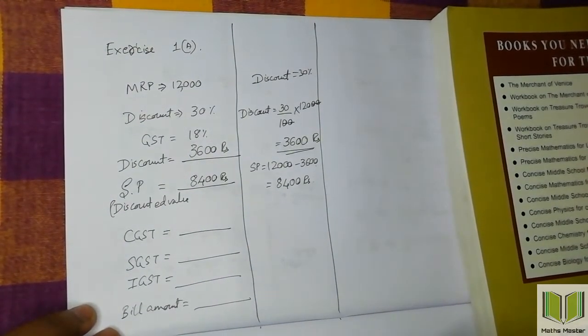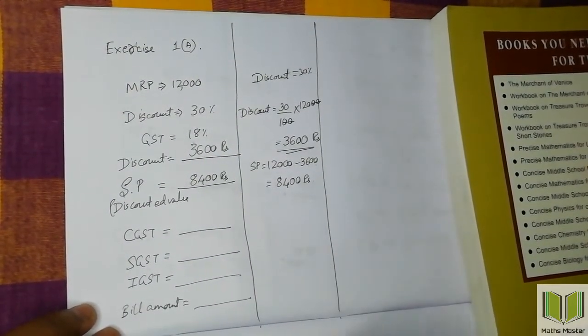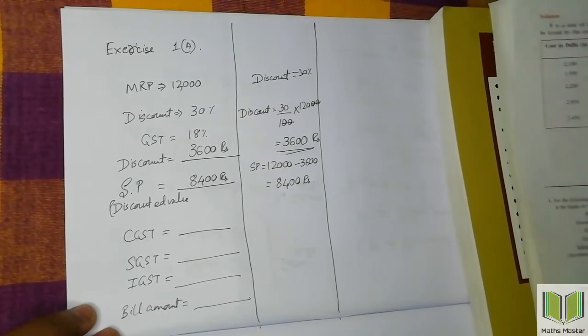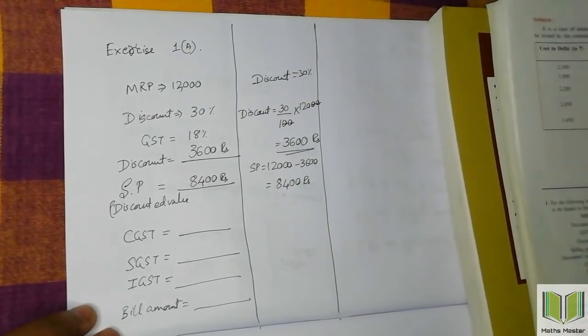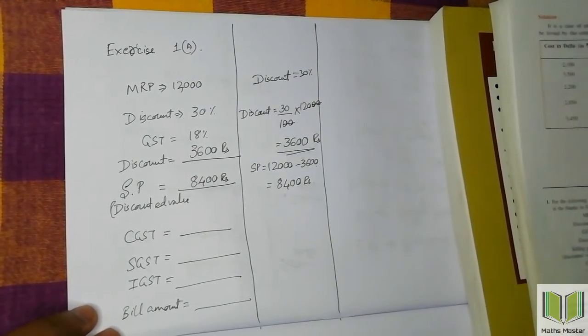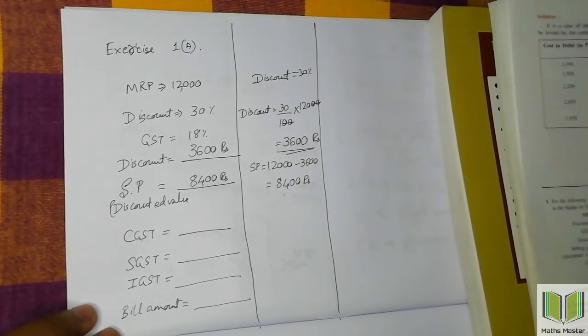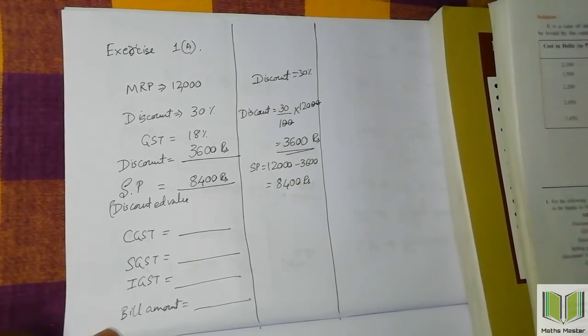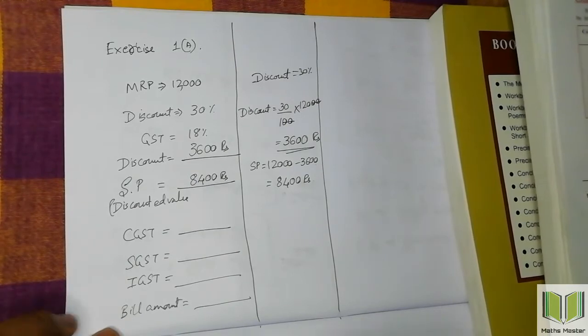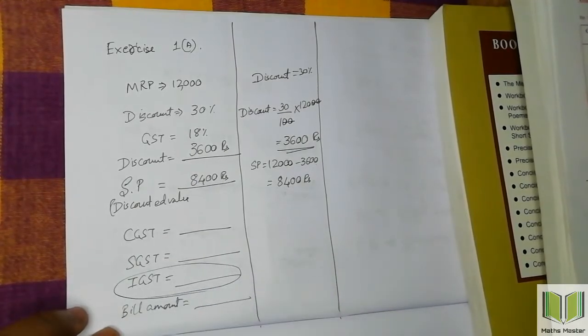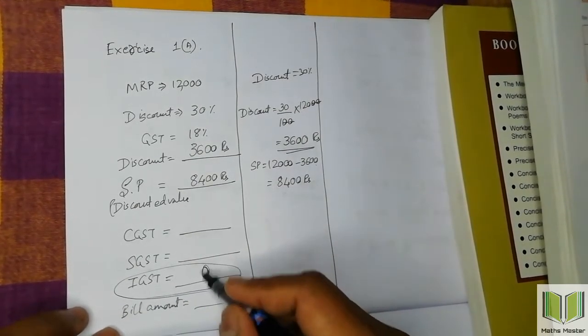Now they're asking for CGST, SGST, IGST. If you read the question very clearly, for the following transaction within Delhi, that means the transaction is happening within the state. So IGST will not be a part over here, I'll mark IGST is equal to 0.